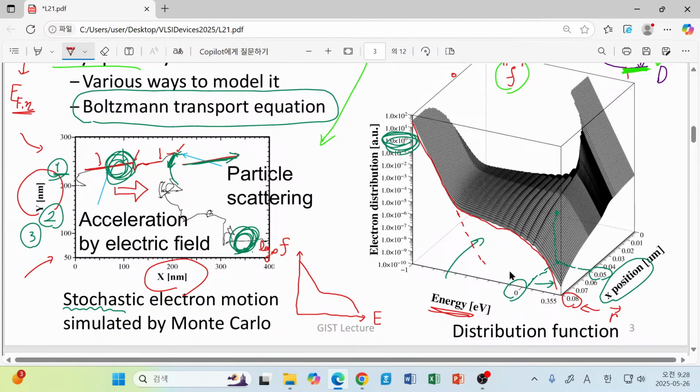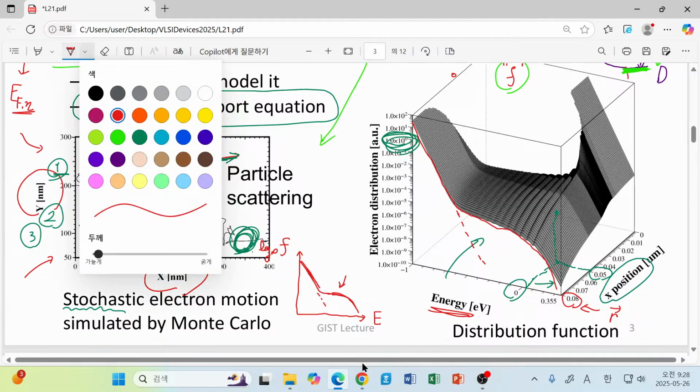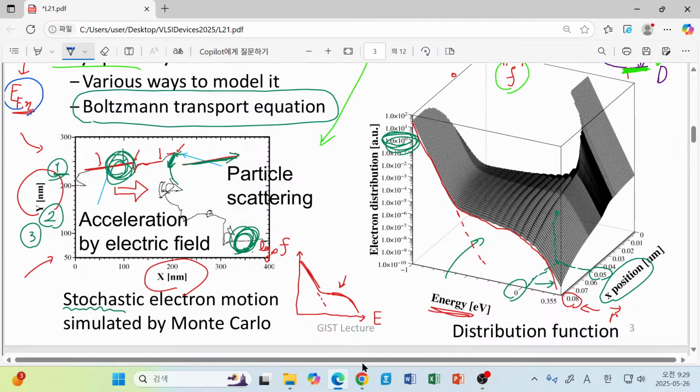One is an exponentially decaying behavior, and now you can see there is a deviation from this simple exponentially decaying function, and this corresponds to another effect. Then why is quasi-Fermi potential so important? Because this guy can describe this majority part with only one single number, this quasi-Fermi energy level.